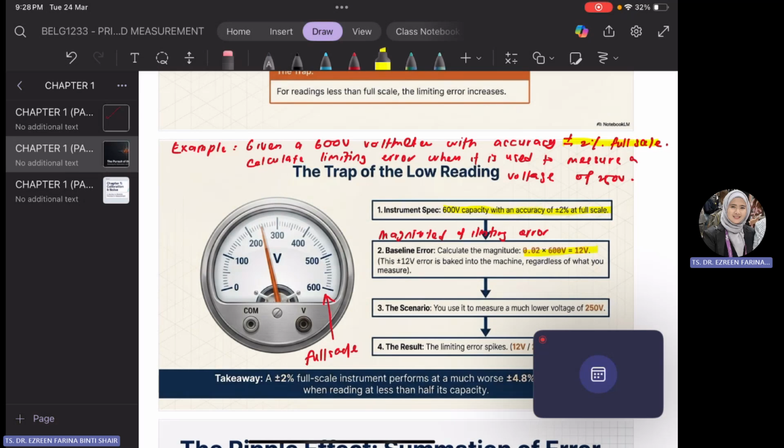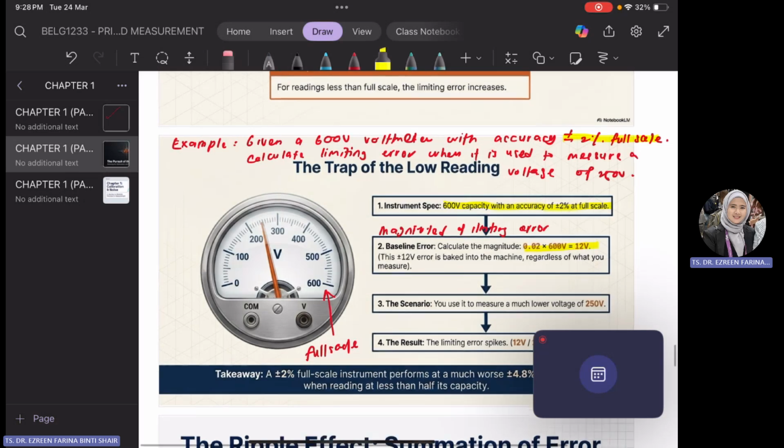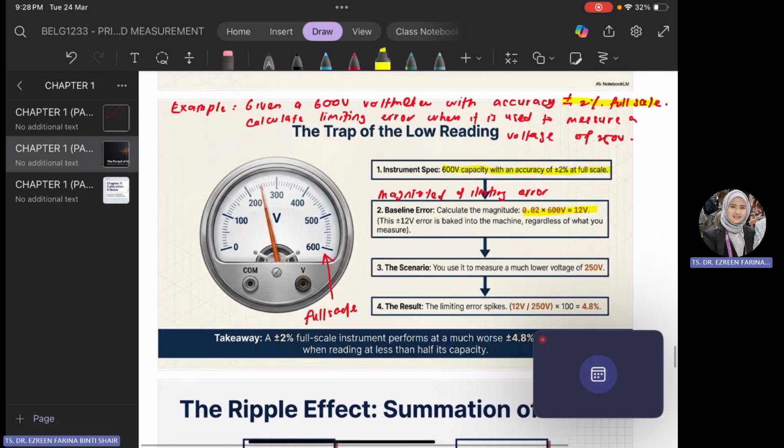However, this error is actually when you calculate at full scale, meaning at 600 volt. But now you are measuring 250 volt, which is much lower than the full scale. So basically the limiting error will be different.